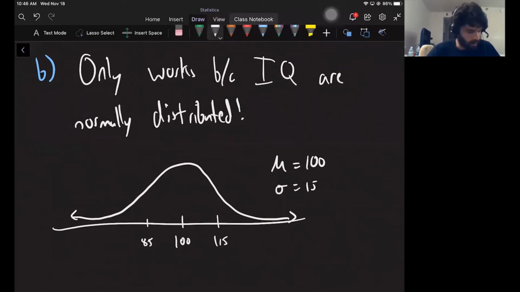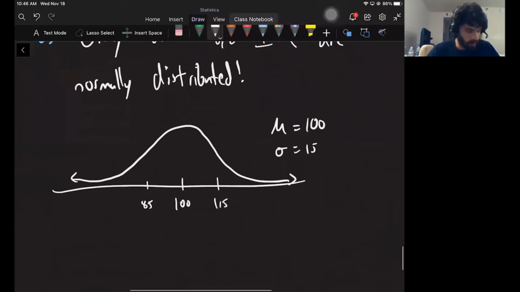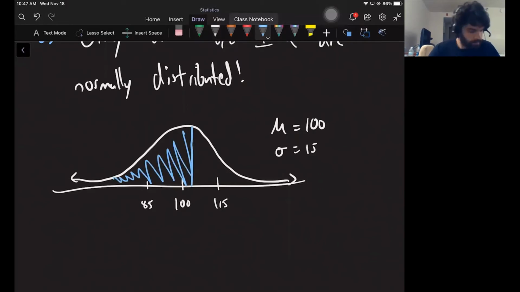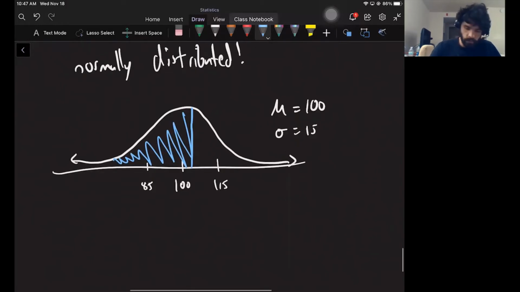And then we're looking at area below 105, I believe. So 105 is about there. So now we're really just looking at this area. And so you only need the z-score for 105 on this distribution.